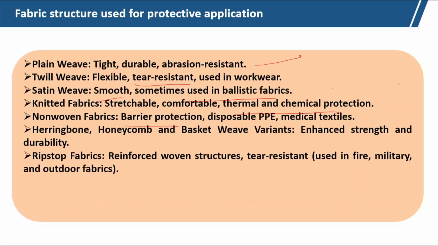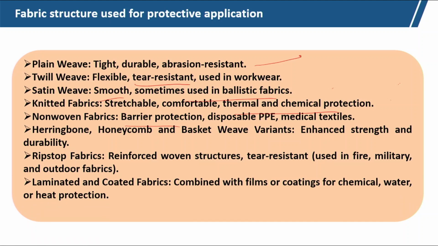And ripstop fabric is also one weave design, with a reinforced woven structure with excellent tear strength, used where we need higher tear strength, like in firefighter clothing, military wear or outdoor fabrics. So, tear strength is important, and in those applications ripstop fabrics are used.